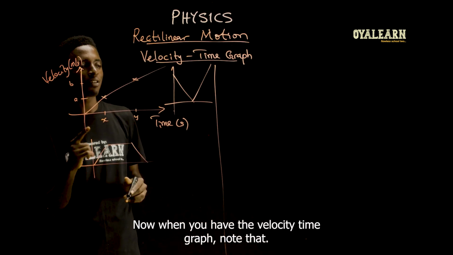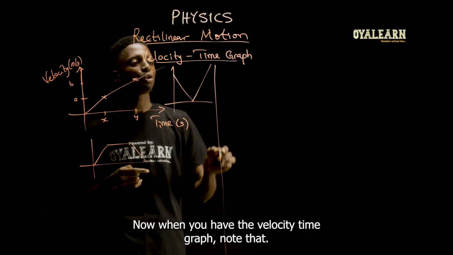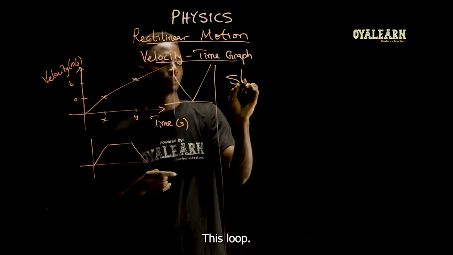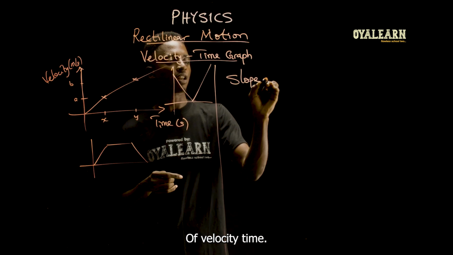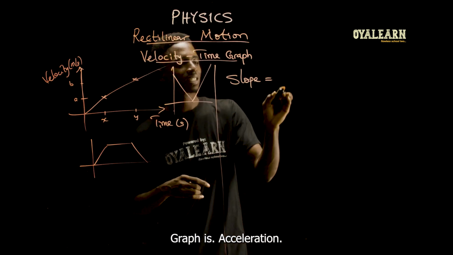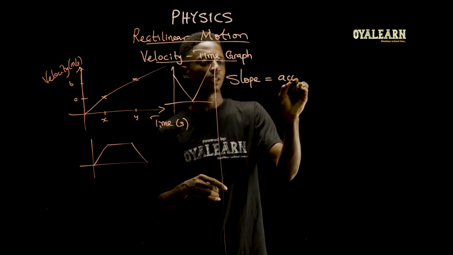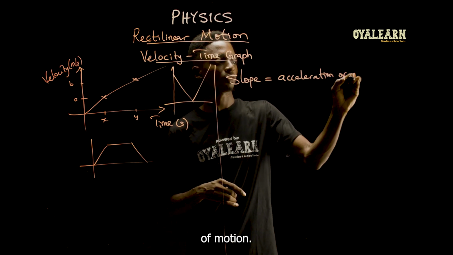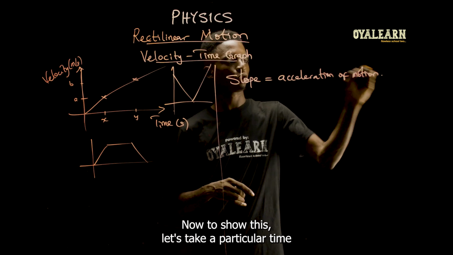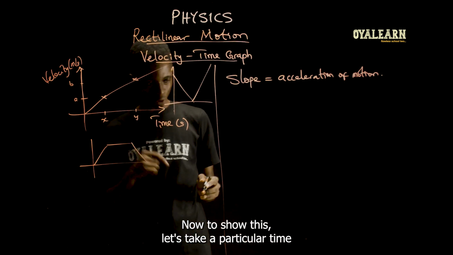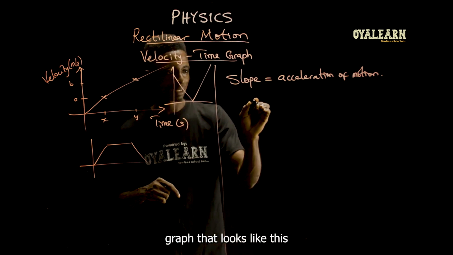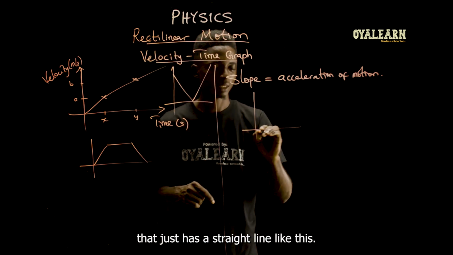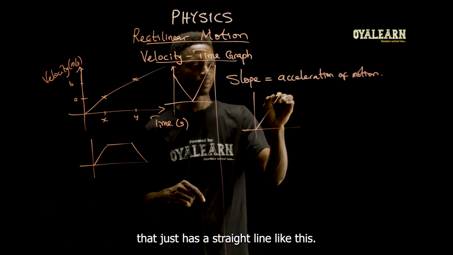Now, when you have a velocity time graph, note that the slope of a velocity time graph is the acceleration of motion. Now, to show this, let's take a particular velocity time graph that just has a straight line like this.